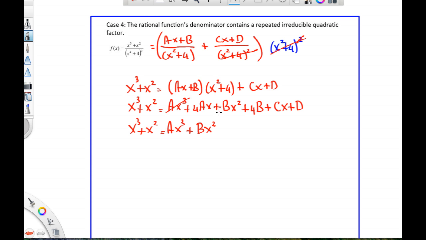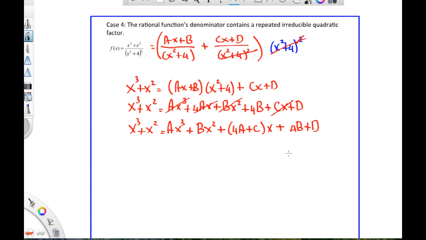And again, I would cancel things out as I mark them. Now I'm looking for things with an x. So 4ax plus cx. So 4a plus c times x. Now I should just have constants left. And I do, I have 4b plus d left.